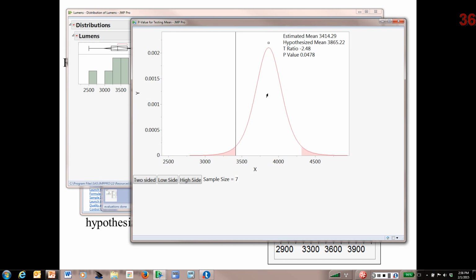Okay, so let's say the hypothesized mean, I'll round it off, was 3,865. Okay, so that's my new hypothesis, and of course the sample average is what it is. The data have been collected. So in this scenario, and I'll show the t-ratio calculation in a moment, but notice the p-value.